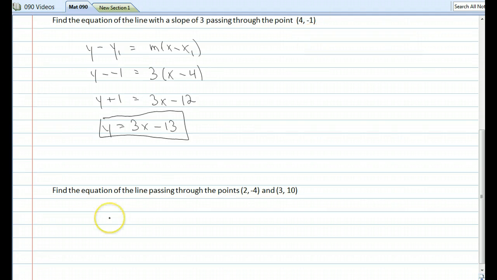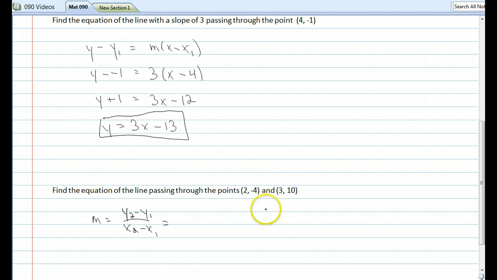Let's do it. So if you recall, the equation for slope, you can call it rise over run. It's the difference between the 2 y values divided by the difference between the 2 x values. The equation that we wrote down looks something like this, if this rings a bell. So I'm going to call (3, 10) the second point, point 2.